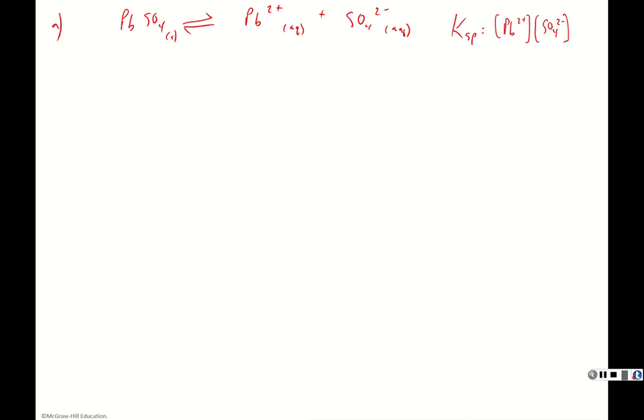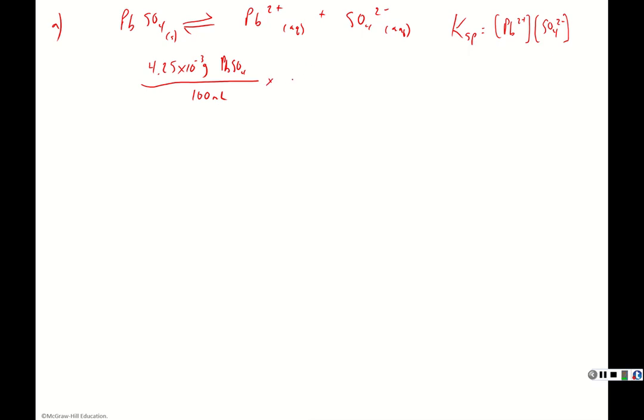Okay, now we can look at our solubility, and we're told we get 4.25 times 10 to the minus 3 grams of lead sulfate per 100 milliliters. Well, we need it in a concentration of moles per liter. So how would we do that?